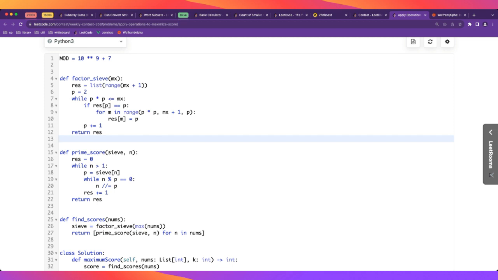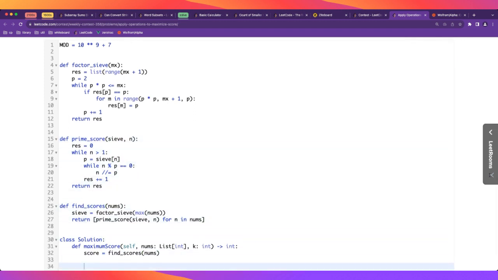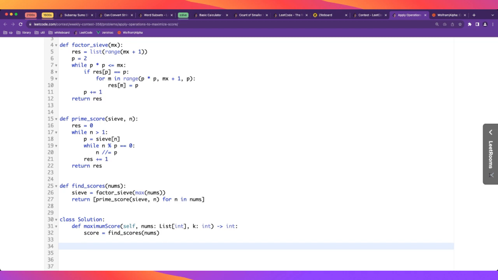I mean, in practice, it's fast enough for LeetCode. So okay, we have dealt with that. Let's move on to the main problem.